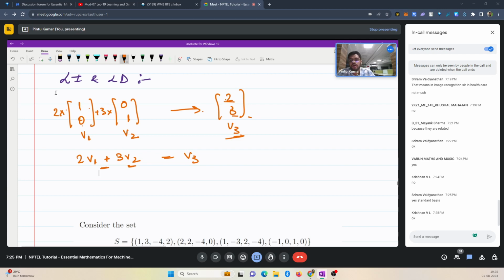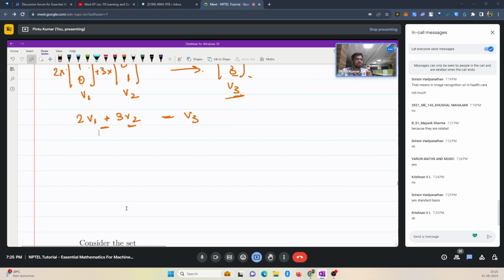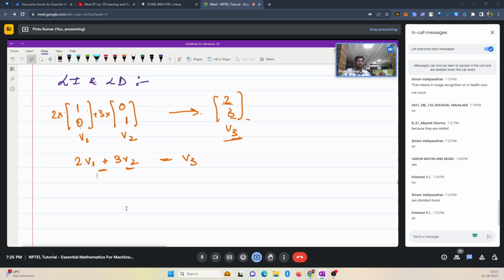So if we have a set v1, v2, v3, and we are able to write any one of them as a linear combination of the other vectors, then that set is called a linearly dependent set.